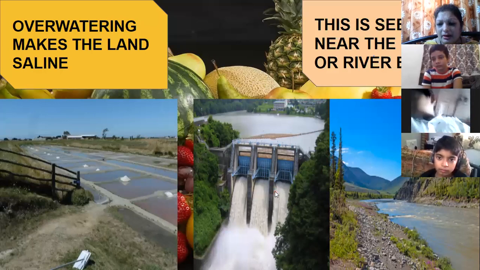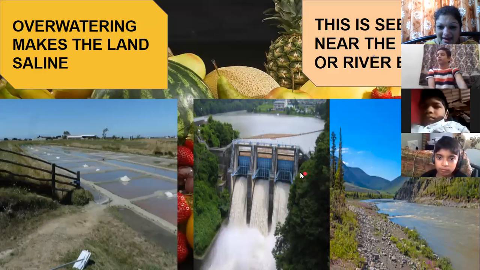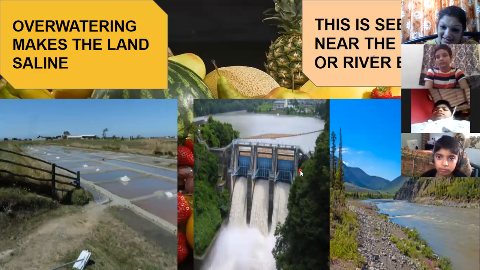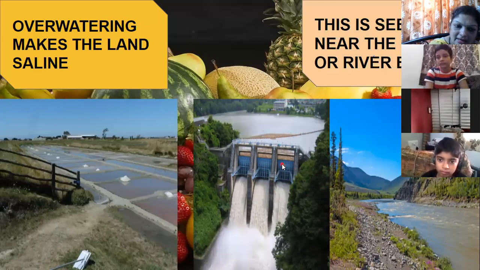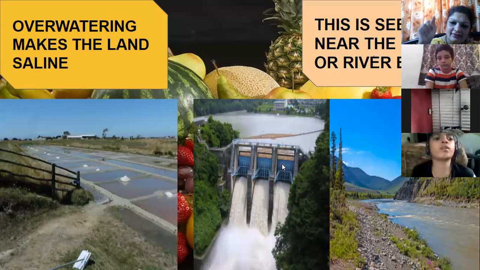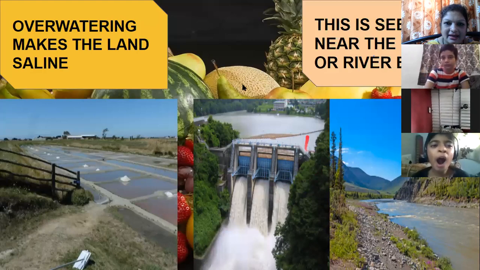What will happen to your stomach? It will pain. It will damage your digestive system. Same thing happens here. When you are using water for the plants, very good. But when you are using excessive water, very bad. So it makes the land saline.